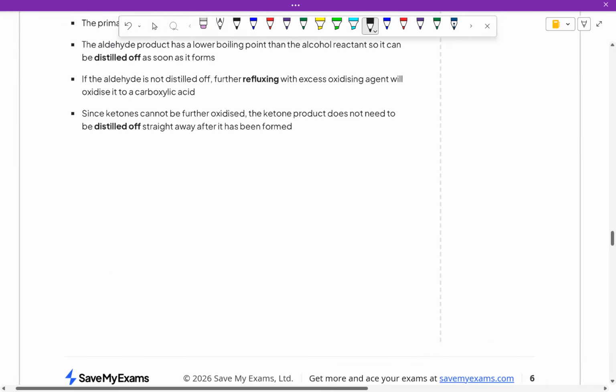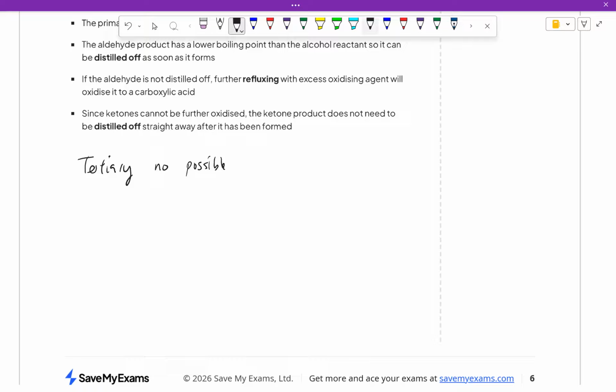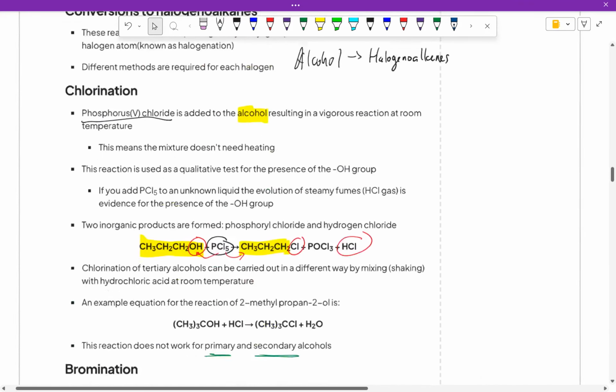When it comes to tertiary, there is no possible method to oxidize by potassium dichromate(VI).